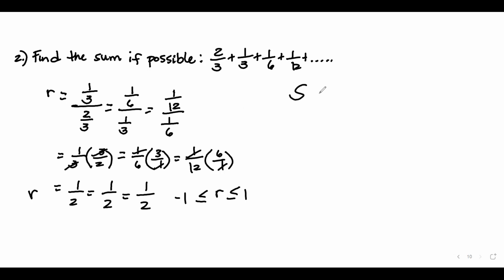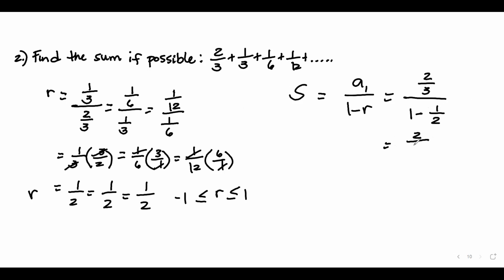And the formula is a sub 1 over 1 minus r. Okay, the first term is 2/3 divided by 1 minus r, which is 1/2.